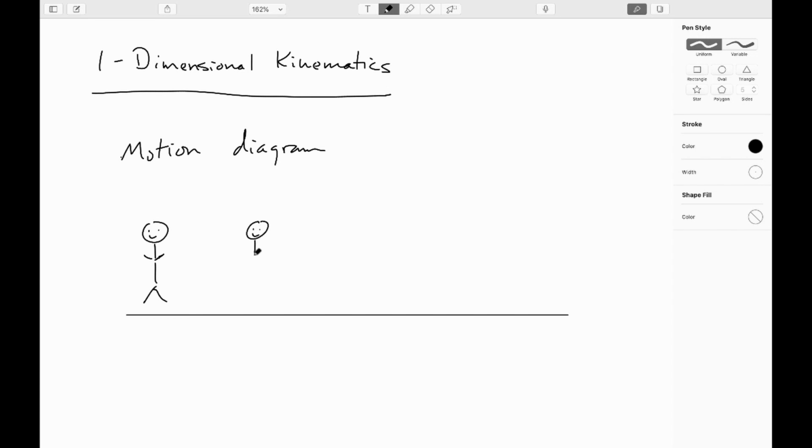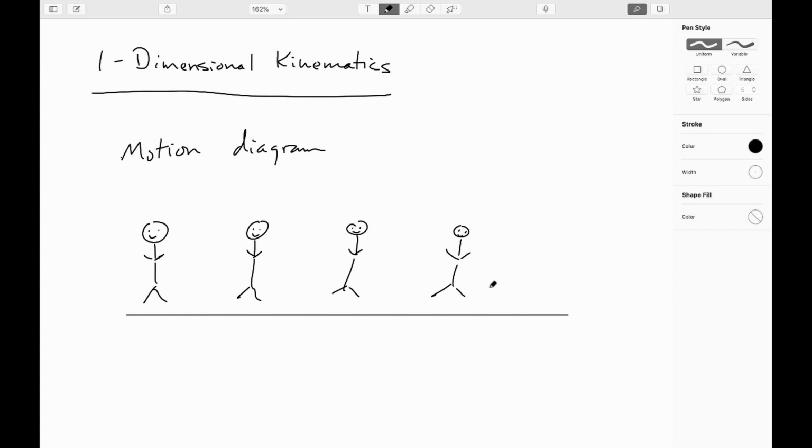So in the next frame you would be here, and then the next frame, sorry, I can't hurt your eye like that, in the next frame you would be here, in the next frame you would be here, and so forth.